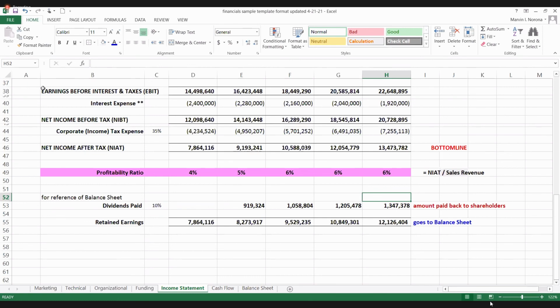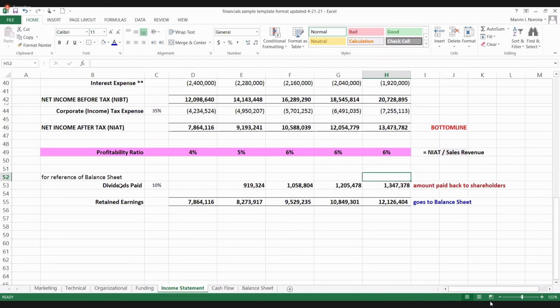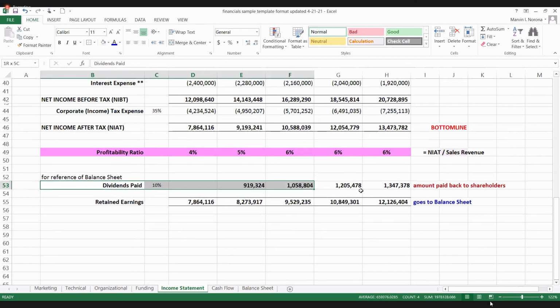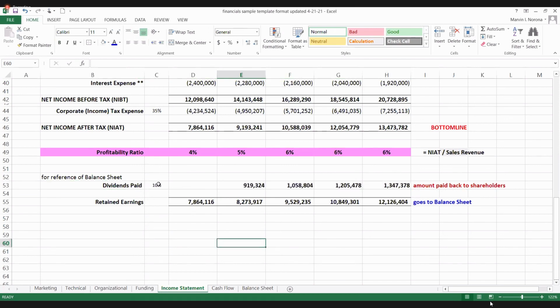Okay, and then ito ulit dividends paid. So this is an arbitrary amount paid back to the shareholders. Okay, pwede din yung sabihin 10%, 15%, 5%, any percent will do, to be applied in the net income after tax. So yung first year, inassume ko na no dividends paid out.